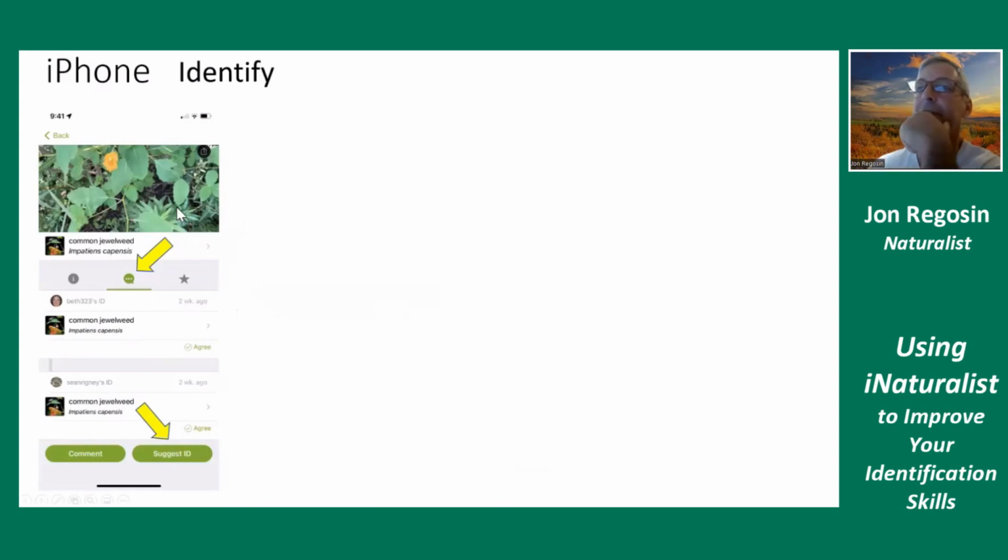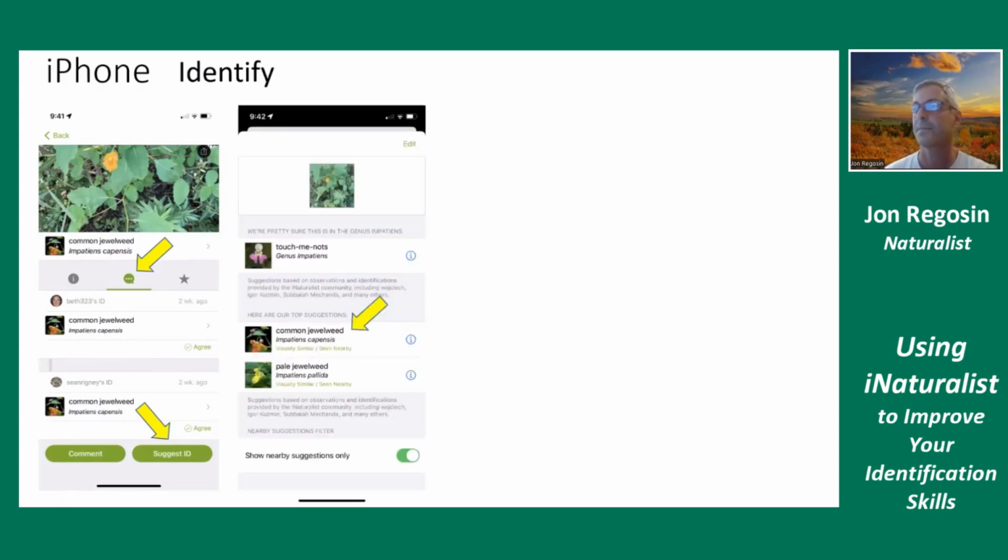No, sorry, I'm in the iPhone. So now, once I was confident, I would then select that. There's a checkbox, and my identification would go into that person's observation. Now I'm in the iPhone. It's the same thing. You need to get into the comment field, and then if you click on suggest ID, it'll give you the suggestions. So again, as far as I can tell, there's no way to do the side-by-side comparison of the photos.